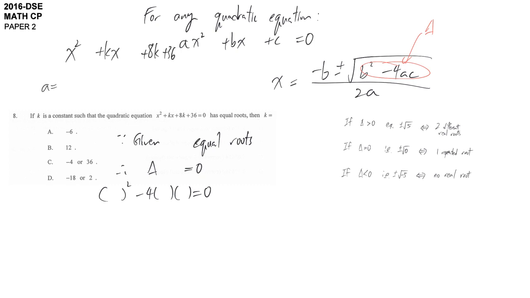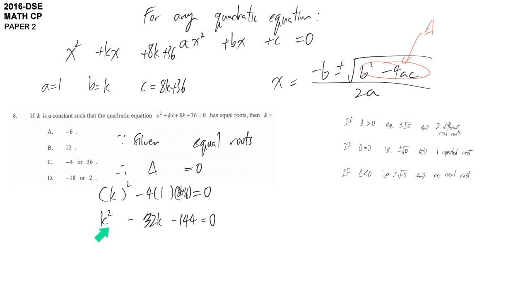We get a equal to 1, b equal to positive k, c consists of two terms, which is 8k plus 36. So we put it inside: k squared minus 4 times 8k, 32k, minus 4 times 36, negative 144, equal to 0.